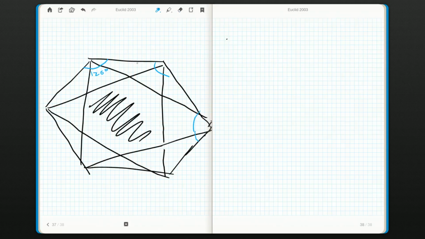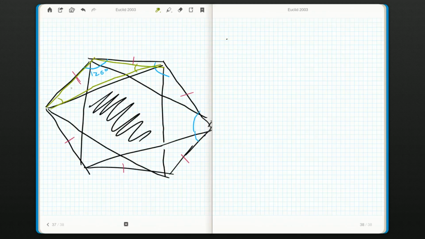What can we do here? Well, I know that these side lengths are all the same as well. So it looks like these green triangles are all the same and they're all equilateral. Now what's the angle left over?